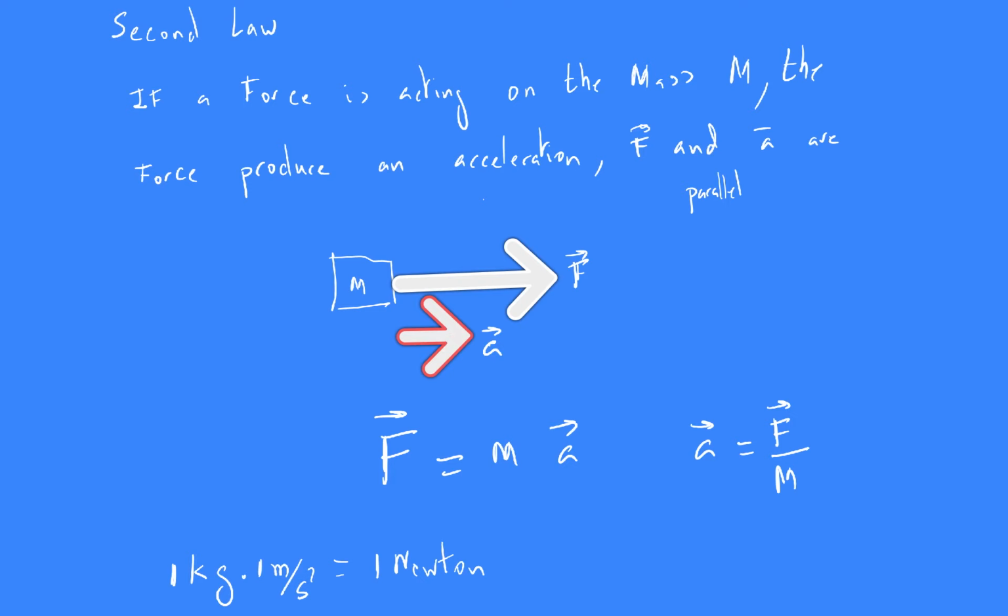So the exact equation in vector form says that the force is equal to the mass times the acceleration. So the force equal to the mass times the acceleration means that if the force is like this and the acceleration is like this, the mass should be how much?